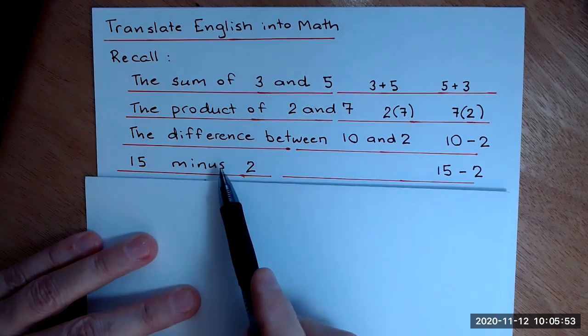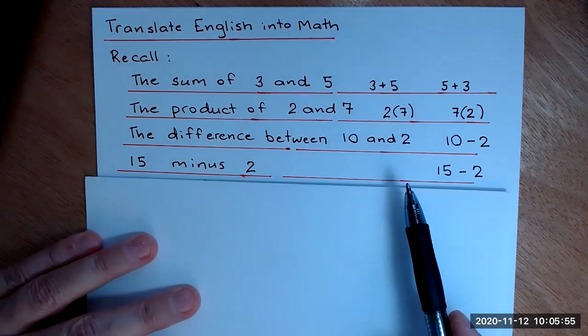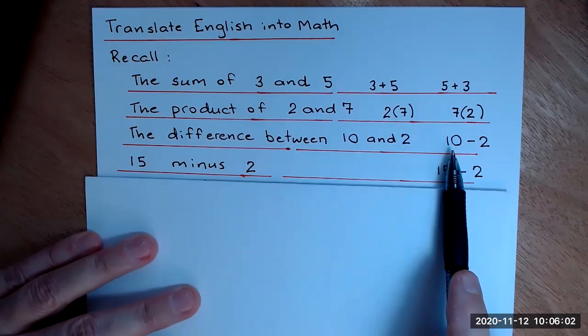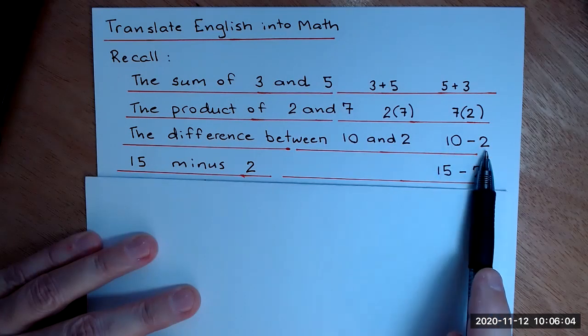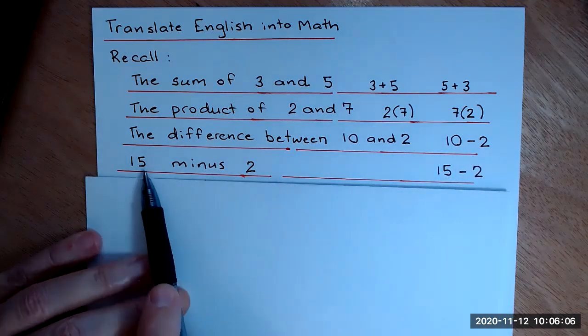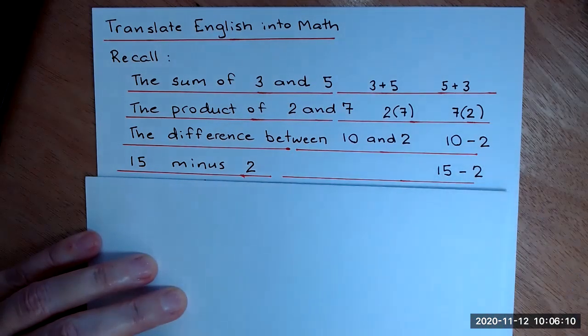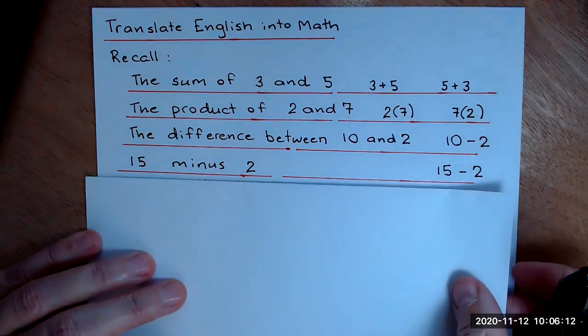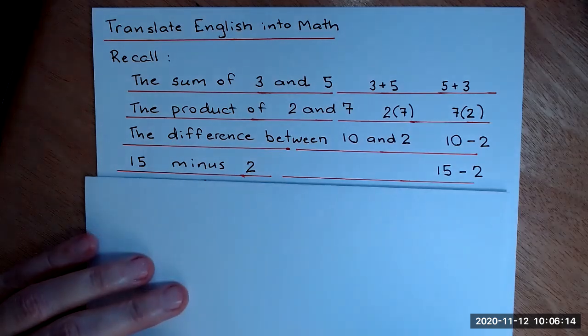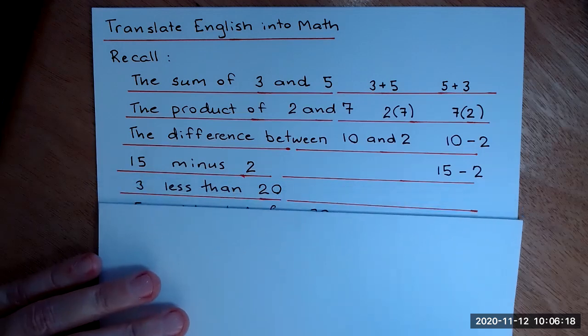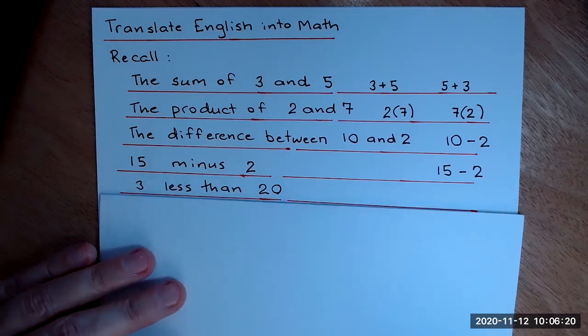So these two ways of writing a subtraction are called intuitive because the numbers and the English statement are in the same order as they are in the math statement. So 15 minus 2, 15 minus 2. The next two examples are called counterintuitive. They can be the opposite of the way you might think. So I would pay particular attention to these.